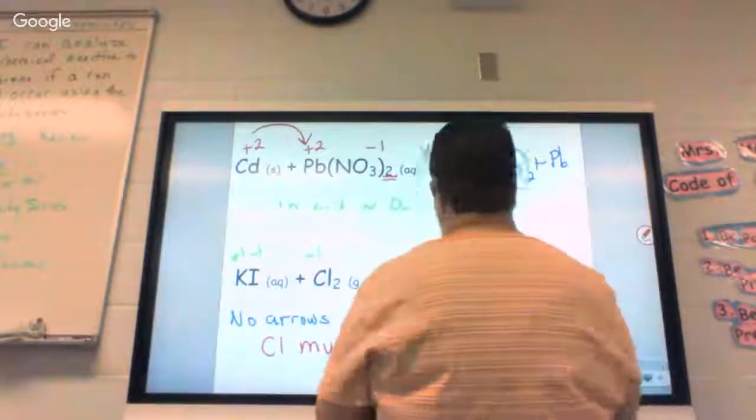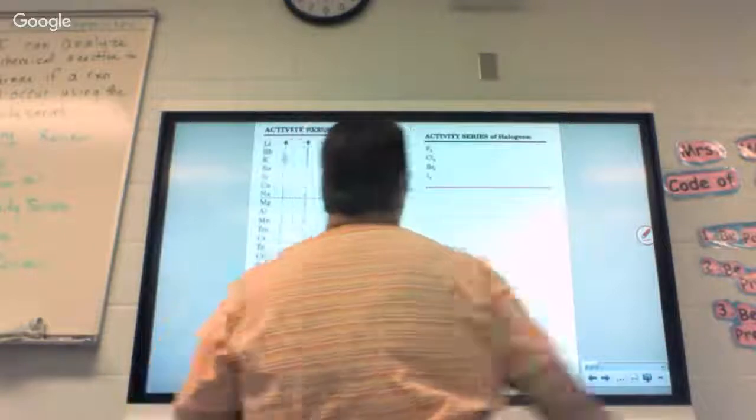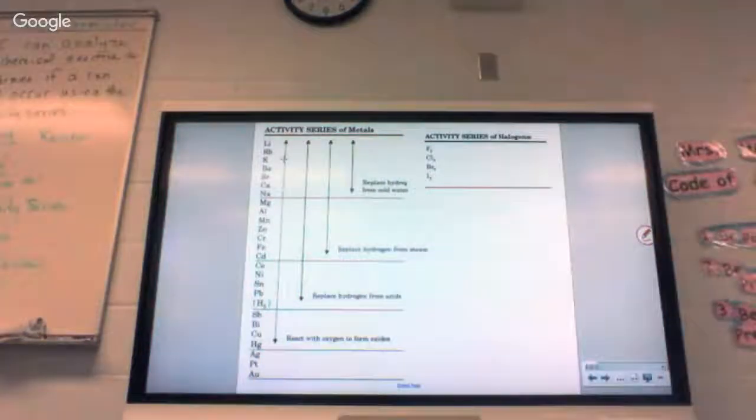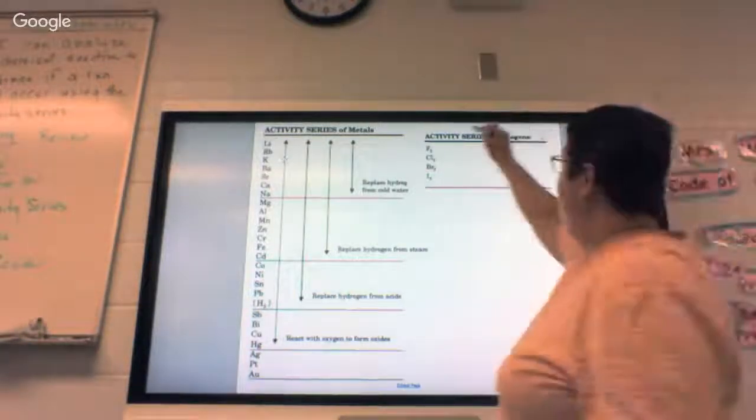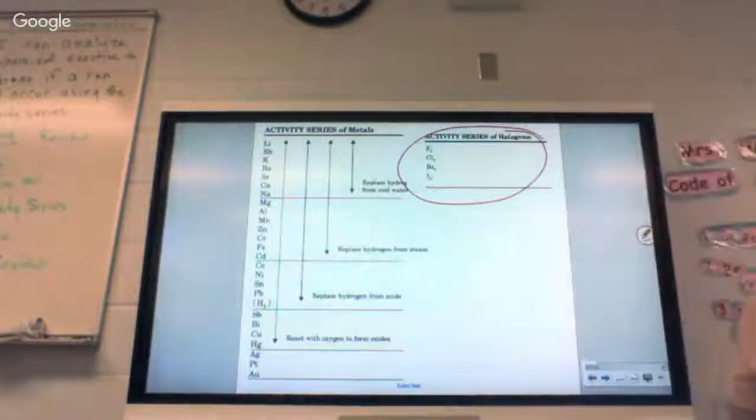All right, so if I cruise back over here and we look at the chart, it's a halogen. It's not on there. This is what people struggle with. I get that answer a lot. People do it all the time.